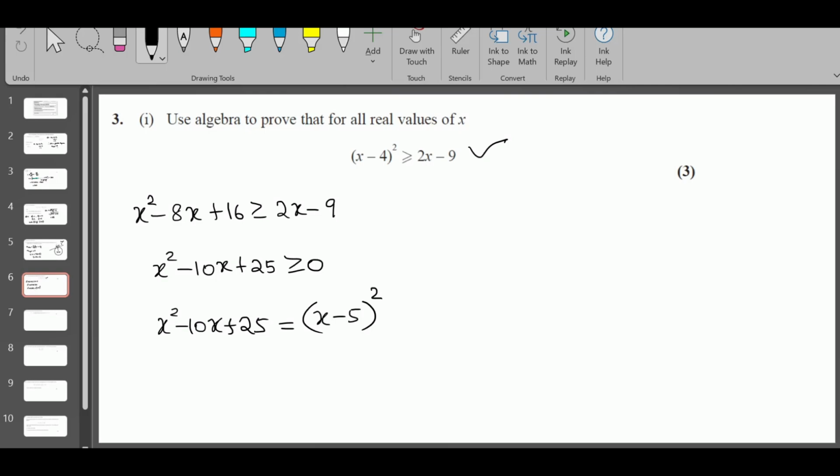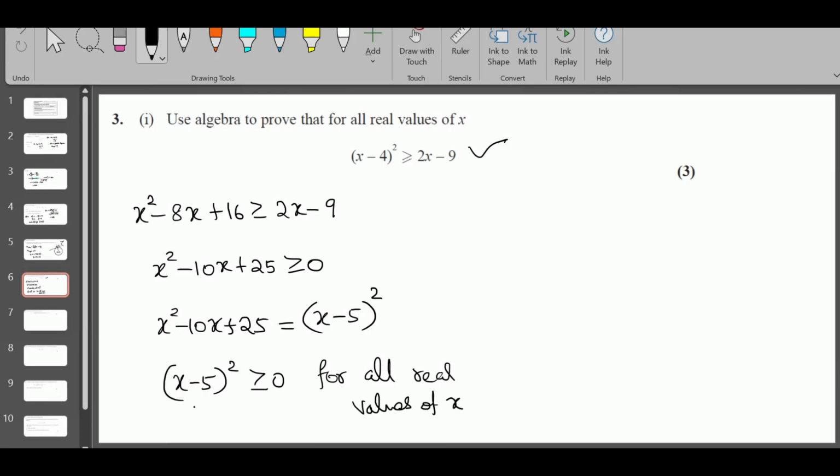Why do you need to write it this way? Because whenever you get an inequality, you need to push all the terms to one side and try to write it this way, so you can prove that it's positive or negative accordingly. And you need to write x minus 5 whole squared is greater than or equal to 0 for all real values of x.